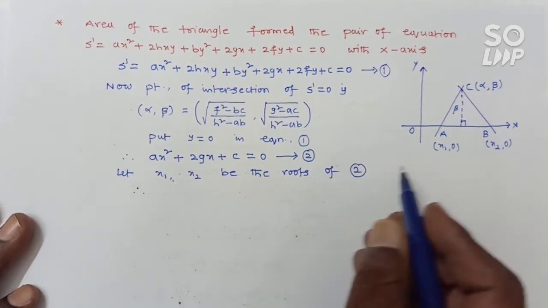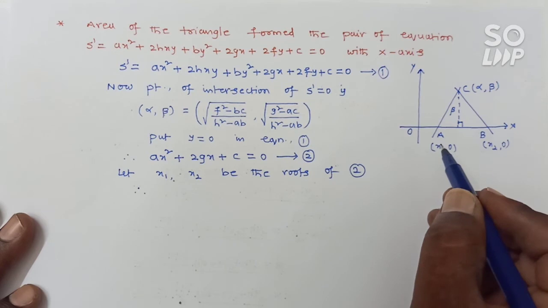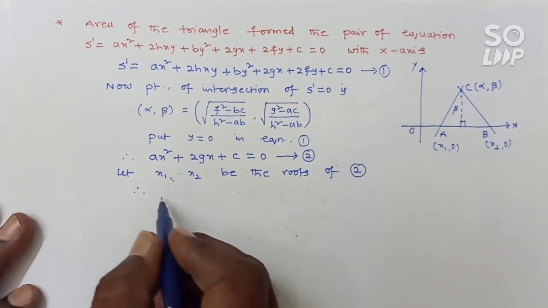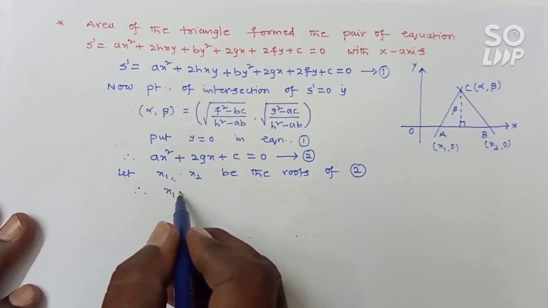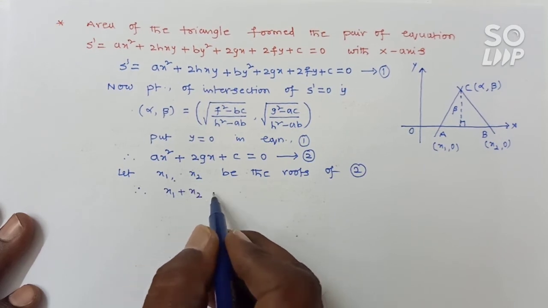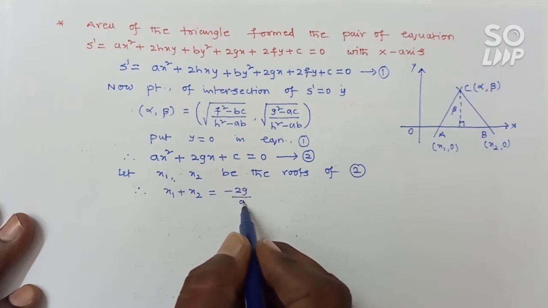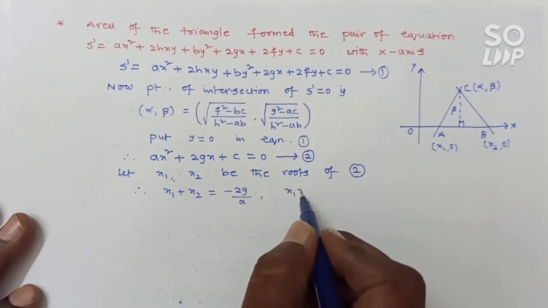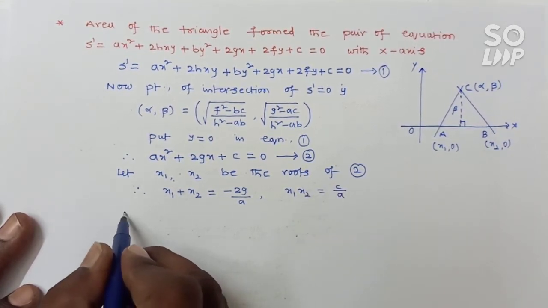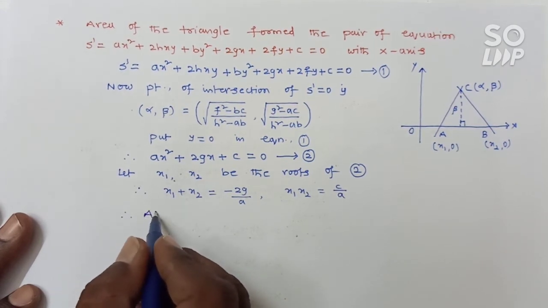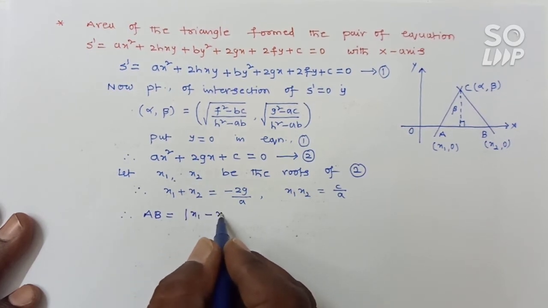Therefore, from this value, the base of triangle will be equals to what? AB. AB length is the modulus of x1 minus x2. So, to find x1 minus x2, first of all you write the sum of the roots. x1 plus x2 is equals to minus 2g by a, comma, product of the roots x1 into x2 is equals to c by a, right? So therefore AB is equals to modulus of x1 minus x2.